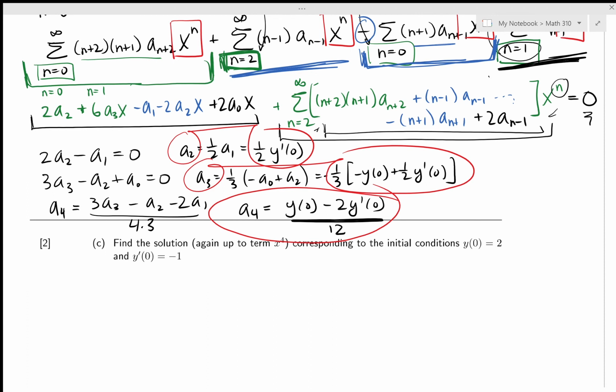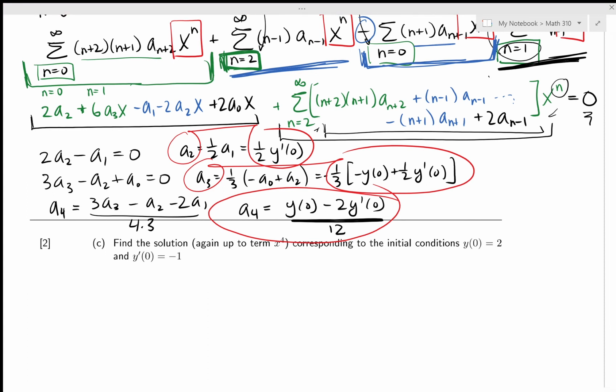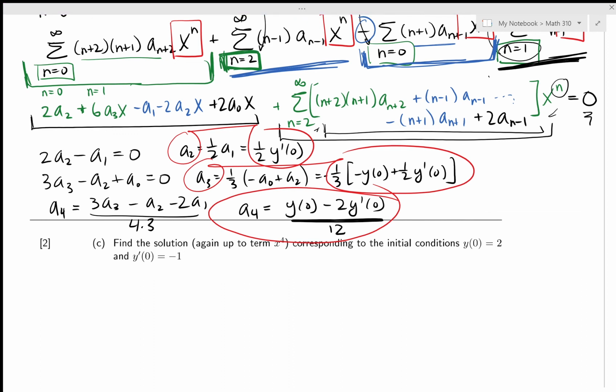Okay, so now here it says find the general solution, again up to term 4, according to the initial conditions, y of 0 equals 2 and y prime of 0 equals -1. So now this is just an easy substitution problem. I've been given the initial conditions. So let me just do this.